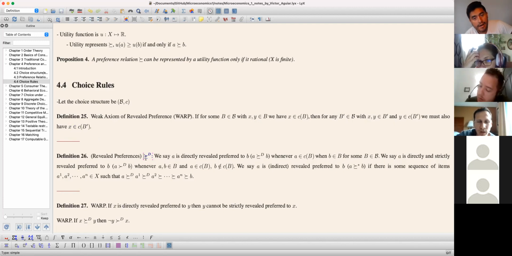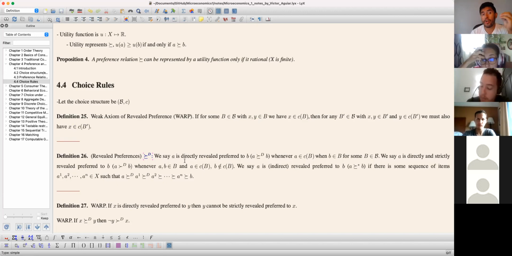Revealed preferences are the invention of Samuelson. And basically he says, look, I cannot see your preference. I cannot see your brain. I cannot know exactly what you like. Also, Samuelson doesn't believe you if you tell him you like something to something. So he is ignoring all your claims that you like A to B, right? He's saying, I'm just going to look at your choices.